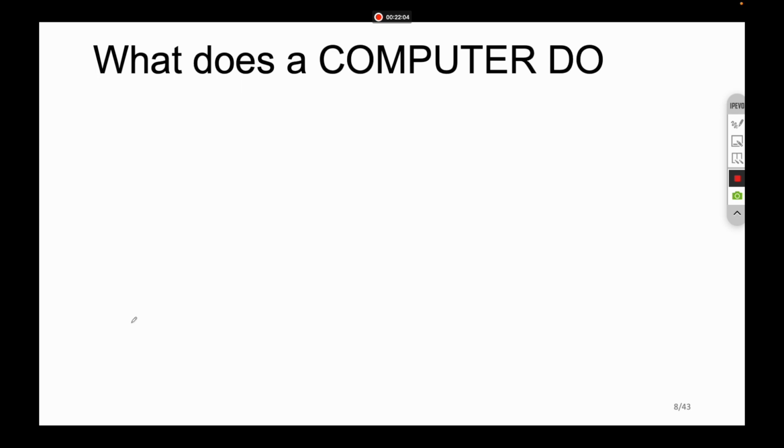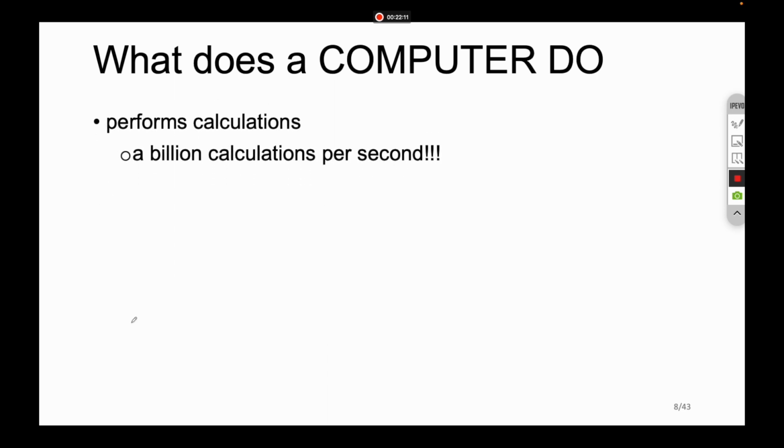So in conclusion, what does a computer do? We can say that a computer does 2 kinds of things. The first one is performing calculations. As I mentioned in the previous slide, we have logical operations and mathematical operations, and a computer can perform billions of calculations per second, extremely fast for this task.